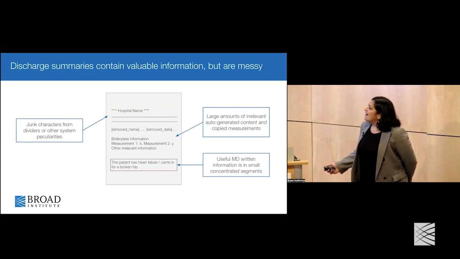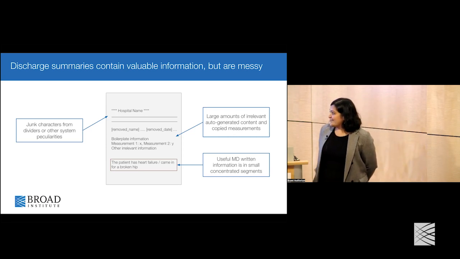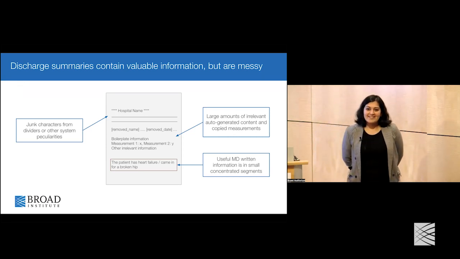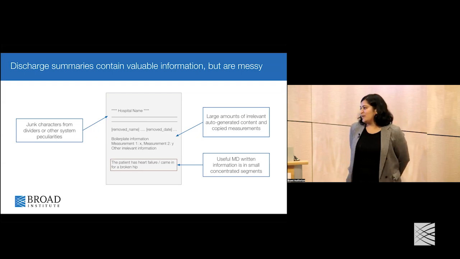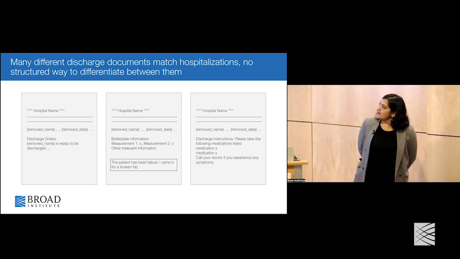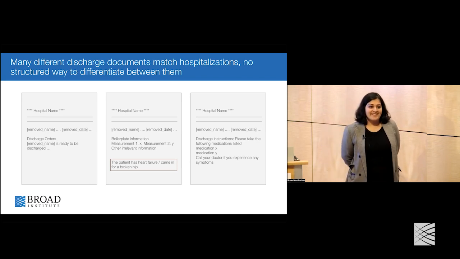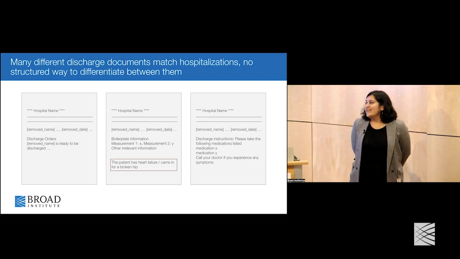So we think we can do that with discharge summaries. So as I mentioned, discharge summaries contain all the information we need, but there's a bunch of caveats, and so we need to figure out how to get what we need. And so in addition to there being some documents having useful information, one other problem is that in this discharge file, we sometimes match things that are just completely irrelevant.